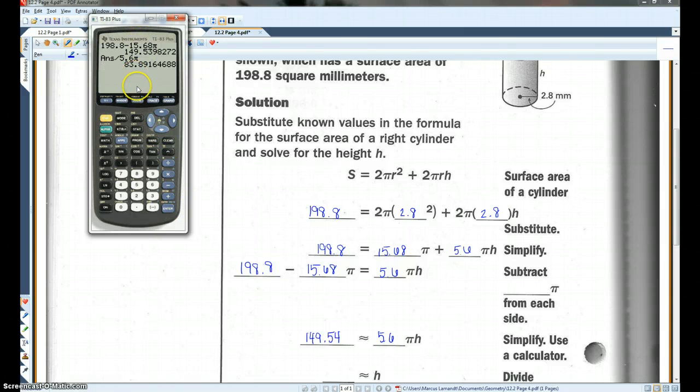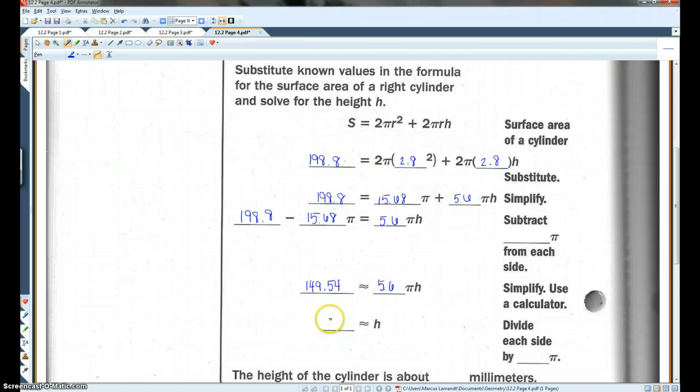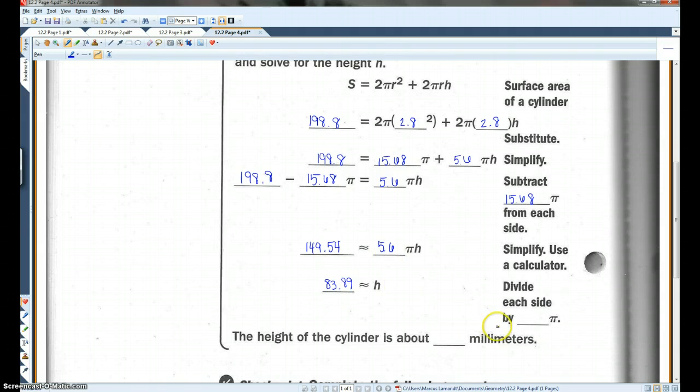Okay, 83.89. And you can fill these out too if you'd like. It doesn't really matter if you don't fill these ones out. It's alright. Might come in handy if you go back and you wonder how you got from one step to another step.